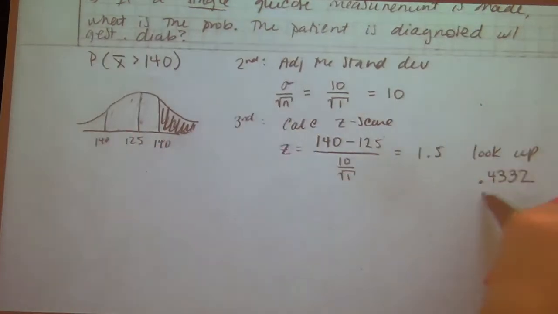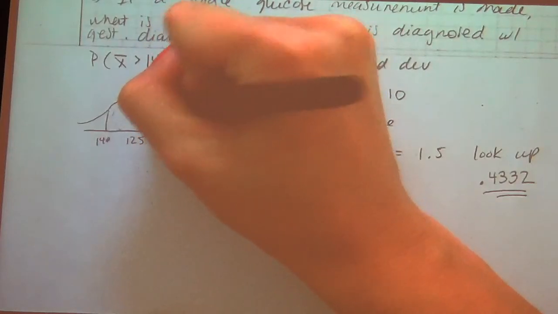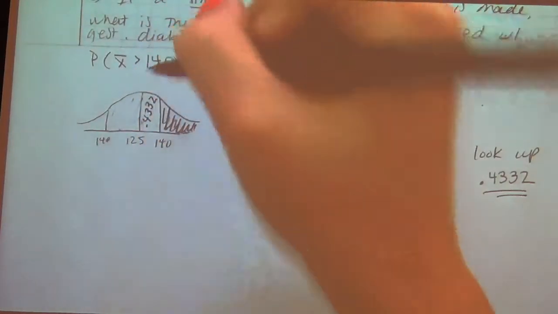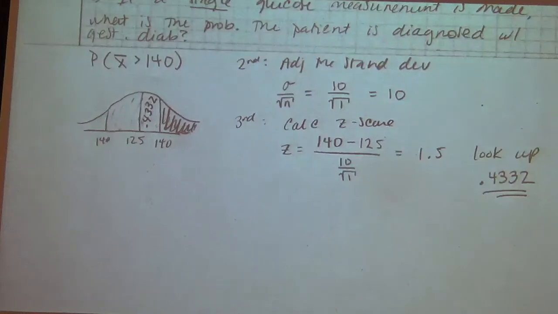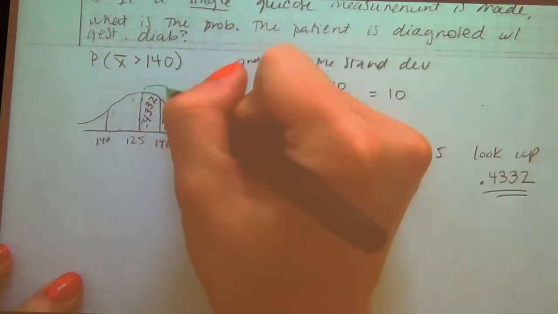So 0.4332 is really that piece. Therefore, to find my entire probability, this shaded chunk right here, I need to subtract that from 0.5.